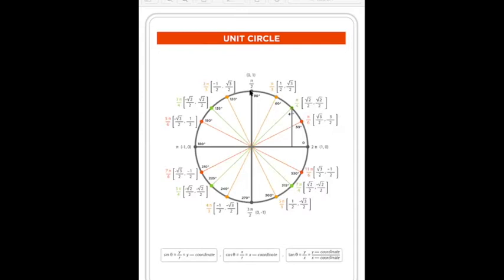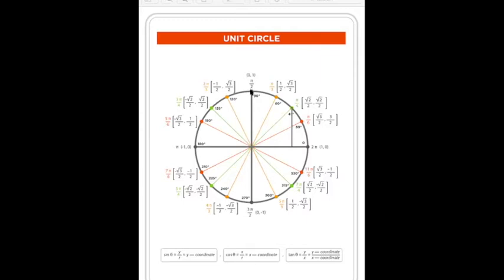So if I wanted the ordered pair here, to get there, I go 0 from side to side and then up 1. So that ordered pair is going to be 0, comma 1. We already know that the degrees is 90. And if we change 90 into radians, it's pi over 2. So if we multiply 90 by pi over 180, it gives us pi over 2.